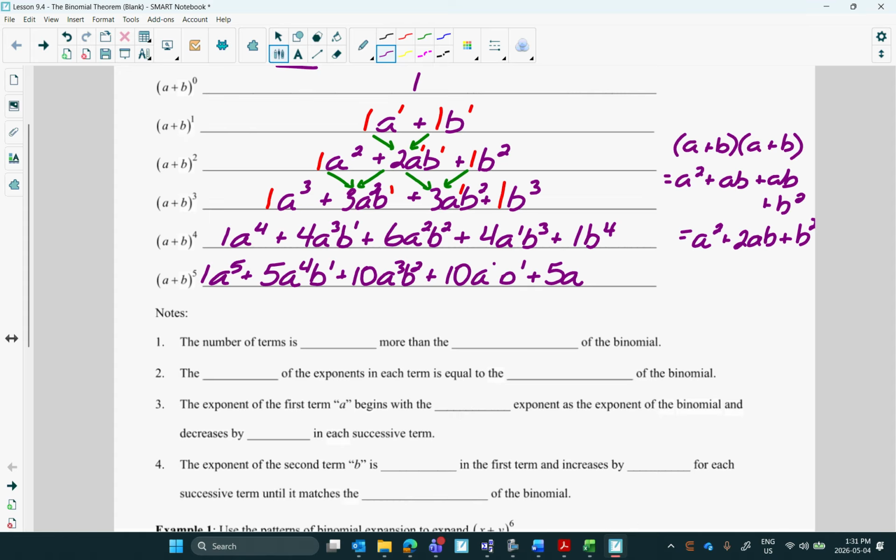That should be a squared, I'm going down with the a's, a to the first, and I'm going up with the b's, b to the third, and then a to the first, b to the fourth, and then plus 1, no more a's, 1 more exponent to the b's, b to the fifth. Okay?